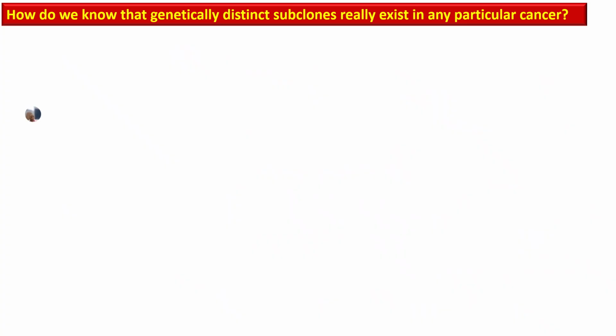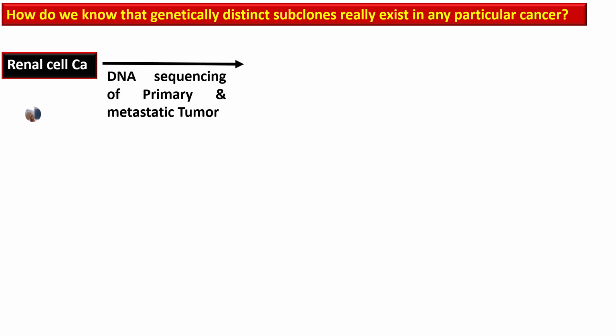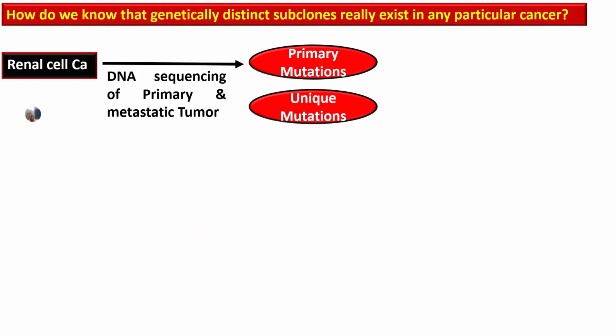So there is a skeptical question: how do we know that these subclones really exist? This subclonal diversity was confirmed by DNA sequencing studies of multiple regions of the same tumor, primary tumor, or associated metastatic sites, especially in cancers like renal cell carcinoma.